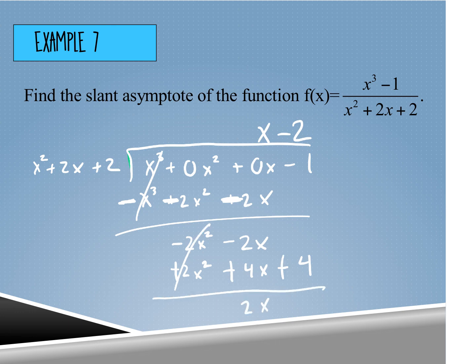Combine 2x plus 3. What's next? That's the remainder. And we don't really care about it. Isn't it 2x plus 3? Like, I mean, plus 4. No, sorry. So our slant asymptote is y equals x minus 2.